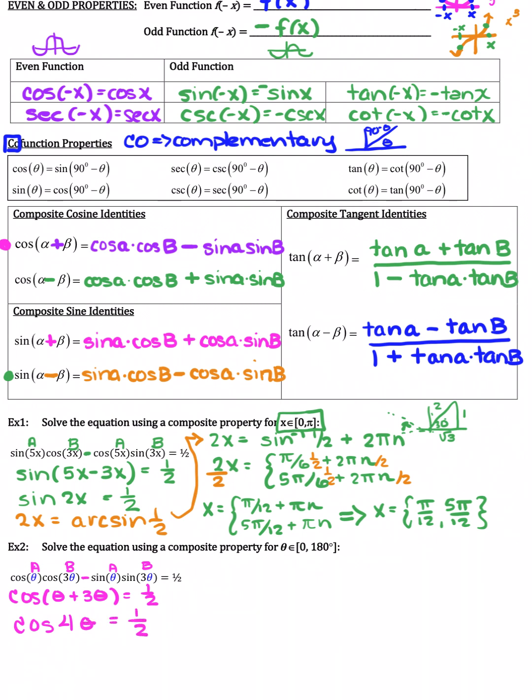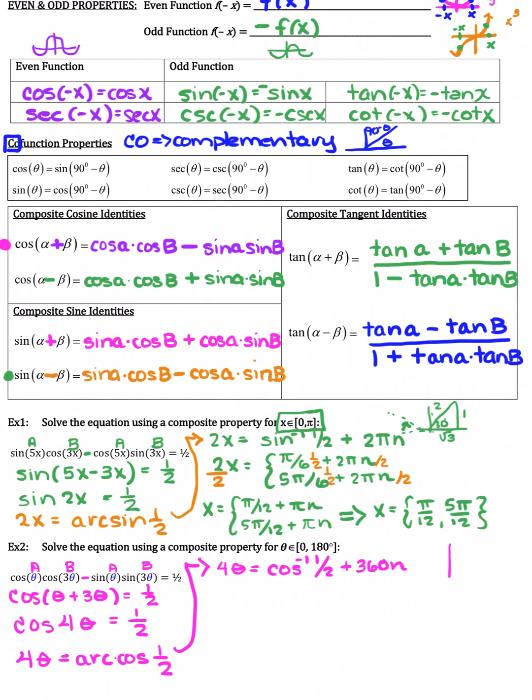And now we're ready to do our arc cosine of both sides, arc cosine of 1/2, and we will continue up here. So 4 theta equals arc cosine of 1/2. That's going to be your inverse cosine of 1/2 plus, and now we are in degrees, woohoo, 360n.